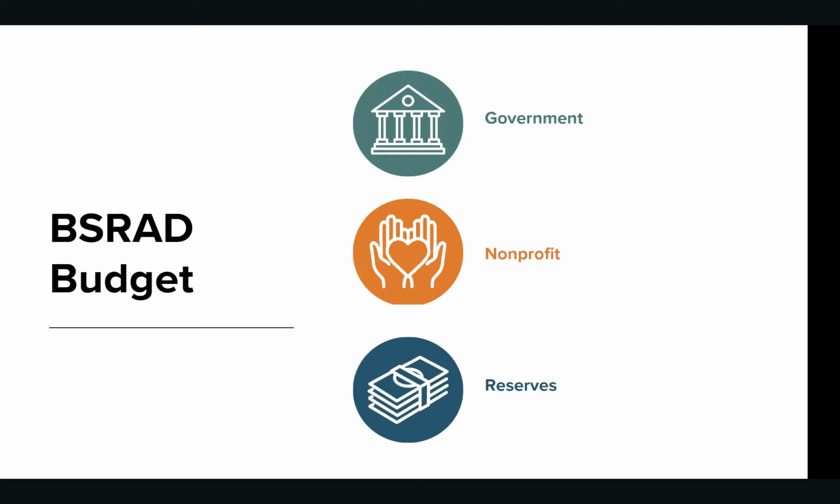So we've started to split our budget into these three categories of government, nonprofit, and reserves. So Ashley, if you're here as biz trip, you would fall into government services, nonprofits, the library, and the funding that the community is used to seeing in those June allocation meetings. And then reserves is we've set money aside for capital, operating, and emergency reserves.